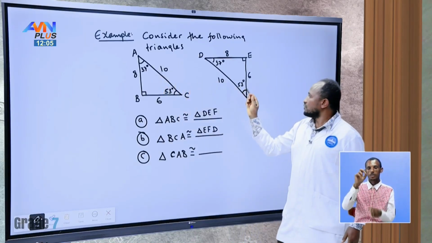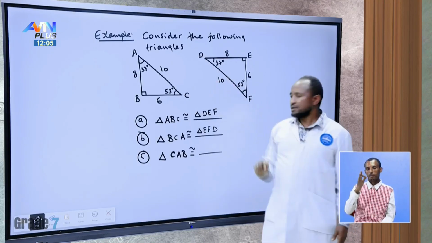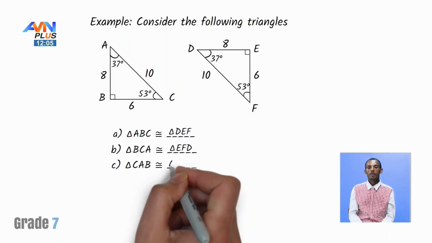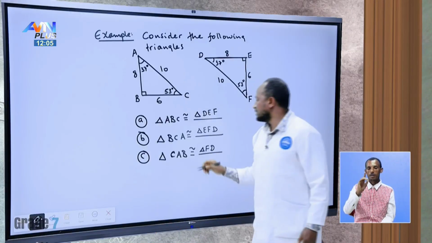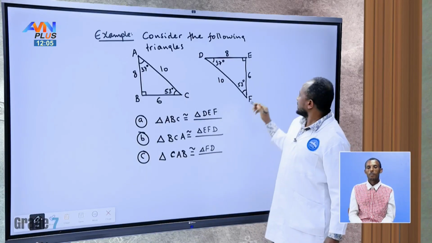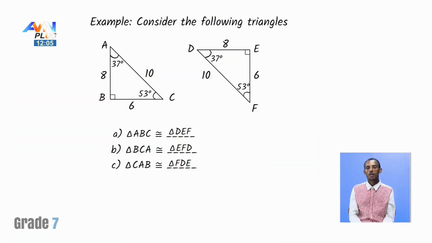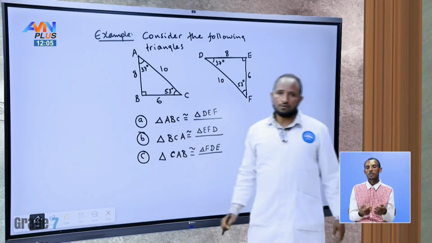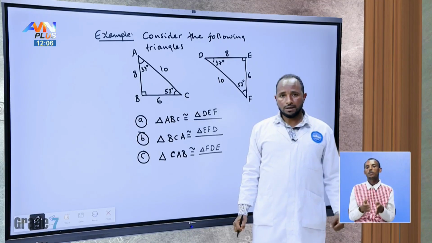So from 53 degree to 37, that's FD. Therefore, this is triangle FD. The remaining letter is E. So this is the congruency order of these two triangles. That's it. Now, let's proceed to another example.